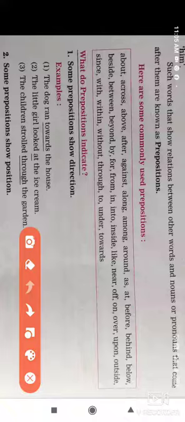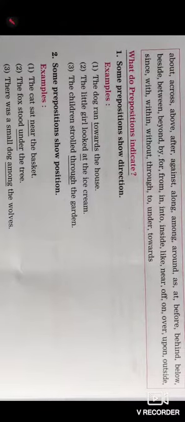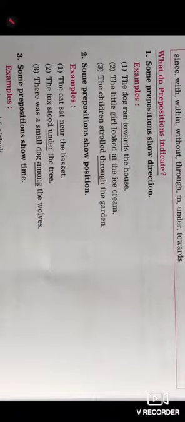These are some cases of prepositions. So let us continue with which types of uses of prepositions we have in sentences.